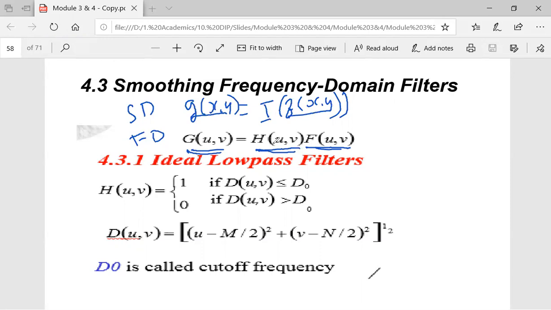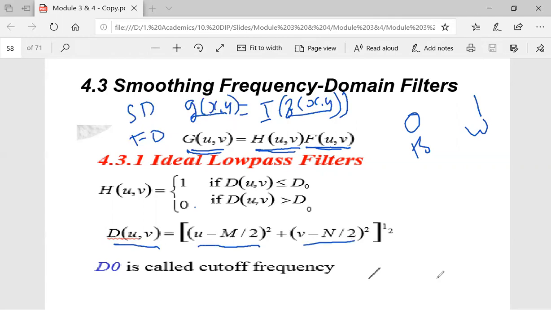So the ideal low pass filter, this H(u,v), here we are considering as the low pass filter, will be working between two values, 0 and 1, black and white. H(u,v) is 1 if D(u,v) is less than or equal to D0, and 0 if D(u,v) is greater than D0. So D(u,v) is the square root of (u minus M/2) whole square plus (v minus N/2) whole square.